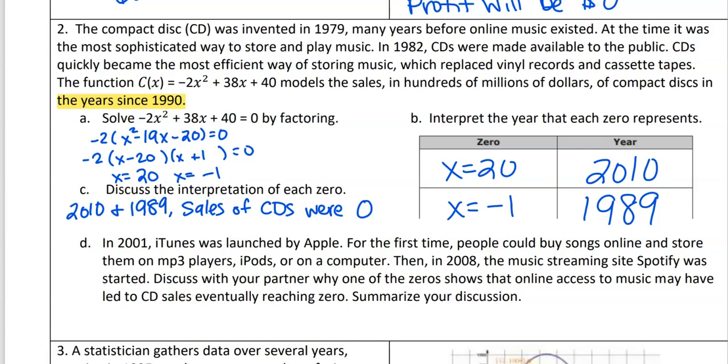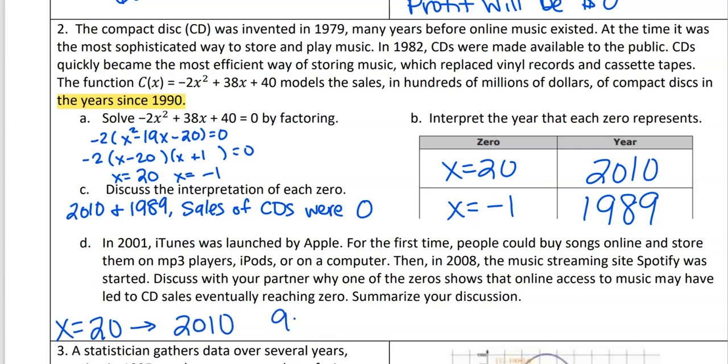X equals 20 makes sense, right? 1989, CDs were definitely still a thing, right? Where did it say CDs were made available to the public? Did it say in 80? Oh, 82, right? So CDs were very much still a thing. 2001 came, and then 2008, so x equals 20, which represents the year 2010, right?